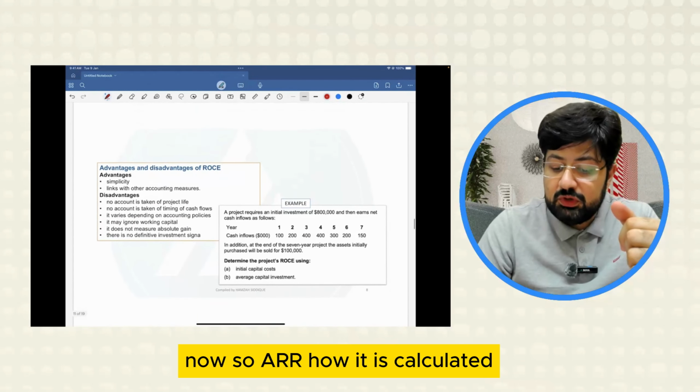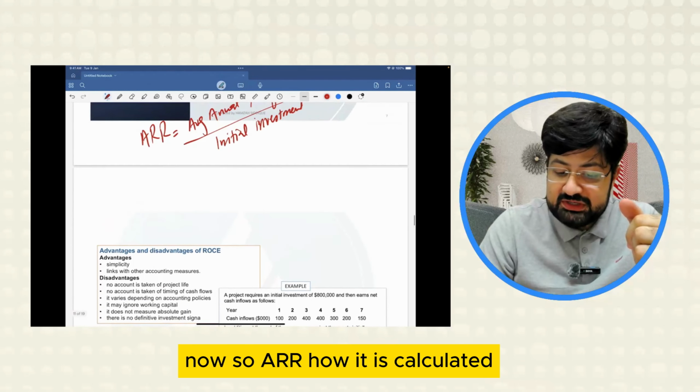Now, how is ARR calculated? For example, a project has the following estimated profits: 300 million, 2,500 million, and 1,000 million. The initial investment in the project is 4,000 and the scrap value is 1,500.